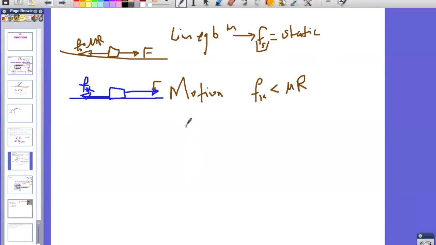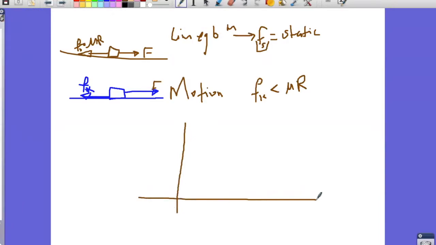If you draw the graph of frictional force against this other force here, when you start to drag an object on a surface, it's going to look like this. When this force is 0, friction is also 0. When that force starts to increase, as you have seen, friction will also increase with that force.